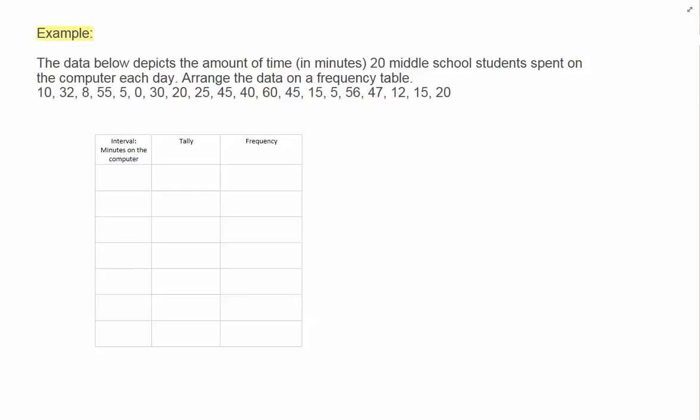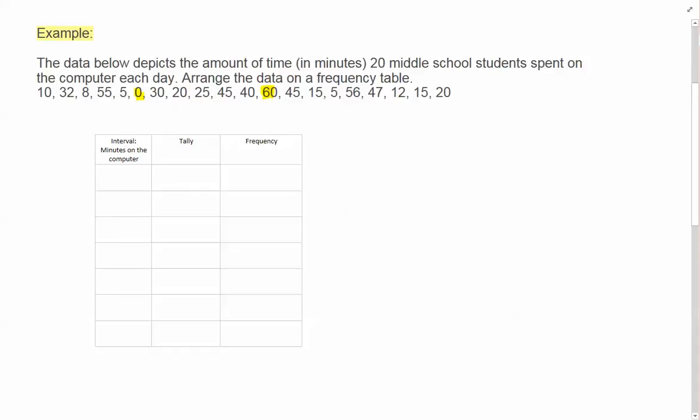If you have too many data intervals, there's just too much detail. And if you group them in intervals that are too wide, you end up with not enough information. So let's think about our data. Here we start at 0 and we go to 60.